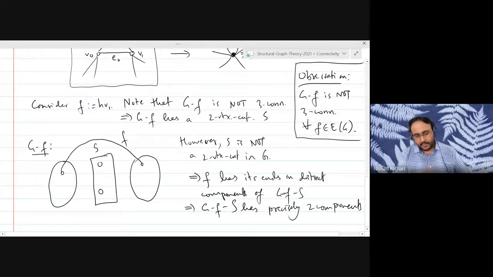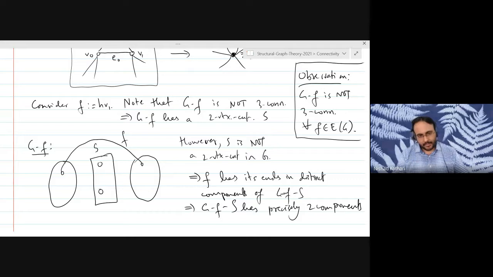The only way this two vertex cut would not be a two vertex cut in the original graph is if the edge F that we removed has its ends in two distinct components of G minus F minus S. And that means that there are exactly two components, because the edge F has only two ends, like every edge in a simple graph.